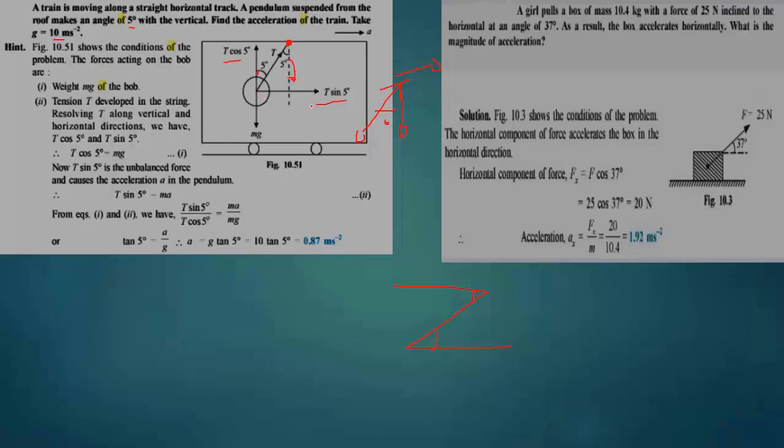So as long as the train is moving, sawa, what is causing this bulb to accelerate? Tumesema huwa kinacho cause acceleration ni net force. F is equal to mass times acceleration. So net force kwa vile ina accelerate kwenda horizontally, friction hamna kwa sababu iko kwenye air.